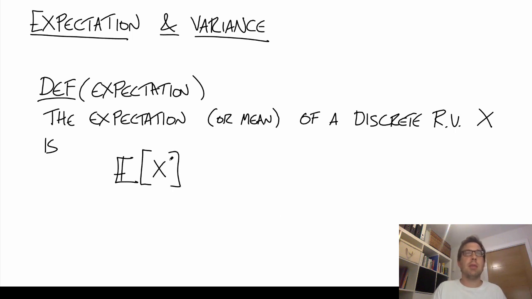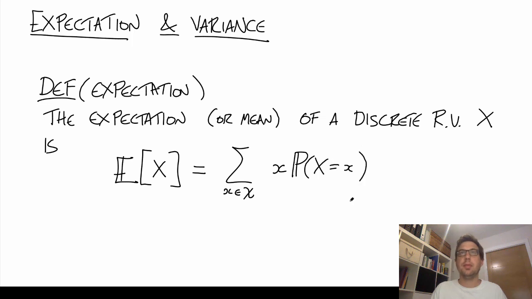We often use square brackets around expectations. I don't know why necessarily, but that just seems to be what people do. And this is really the sum of all the outcomes that can happen to the random variable times the probability of each outcome.